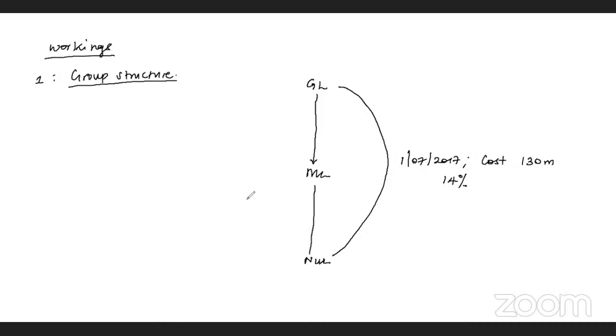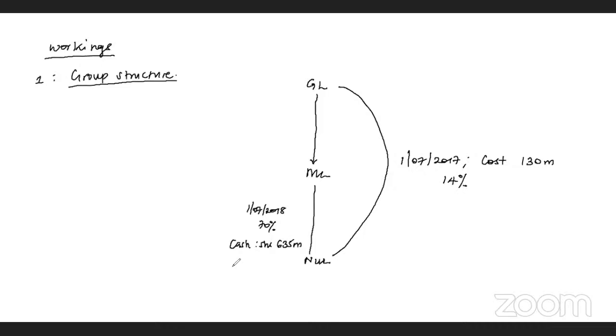Then on that very date, according to note 1, we see that ML on 1st July 2018, it acquires 70% of the equity interest in NUL. The cash that was paid was shilling 635 millions.